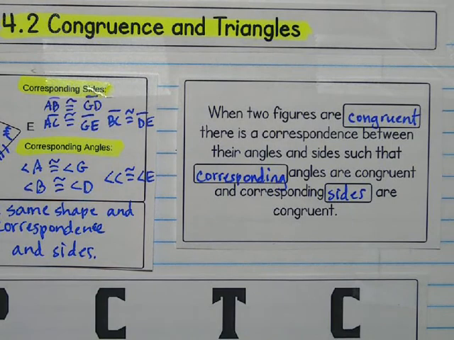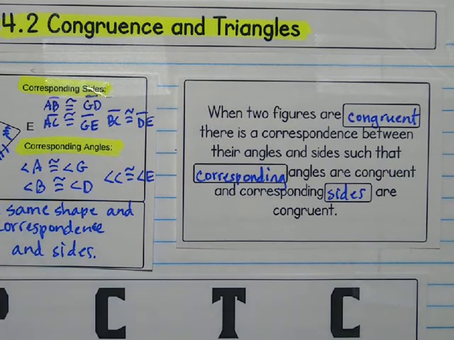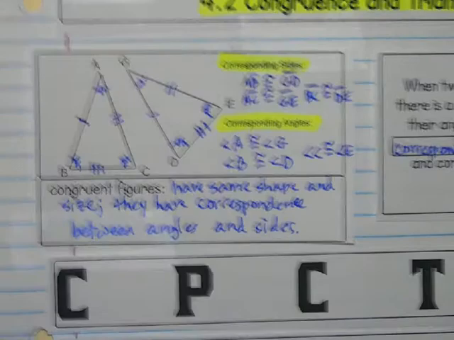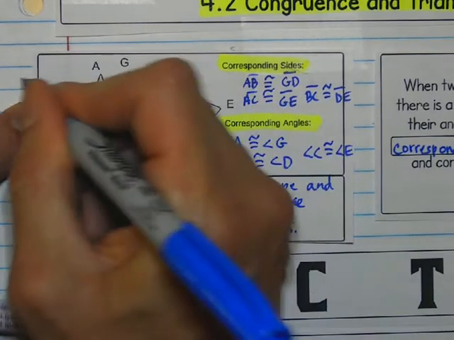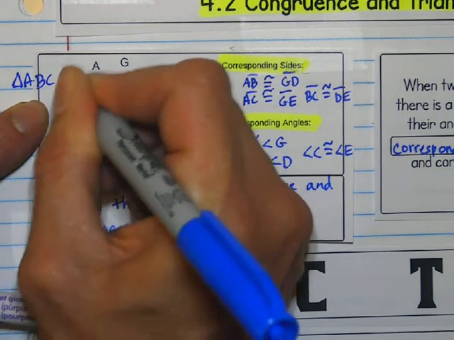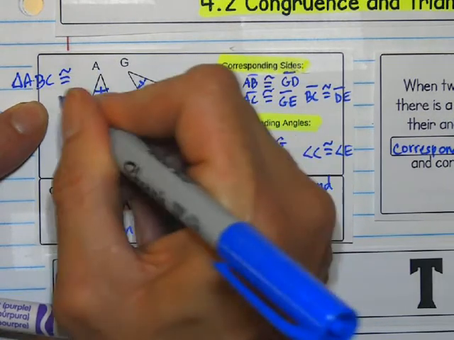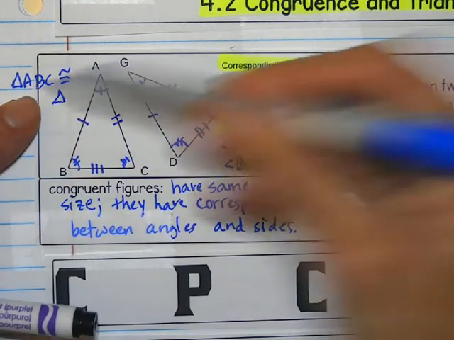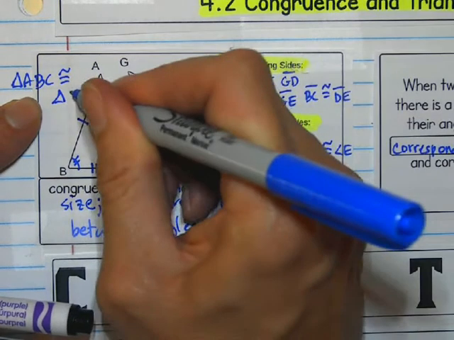So the way we would name these triangles now is we would say triangle ABC is congruent to triangle, and the A corresponds to the G, so I have to put the G first. The B corresponds to the D, so I have to put it second.